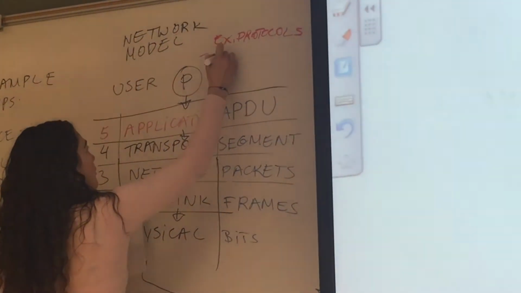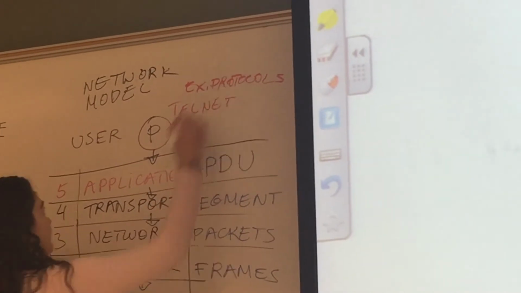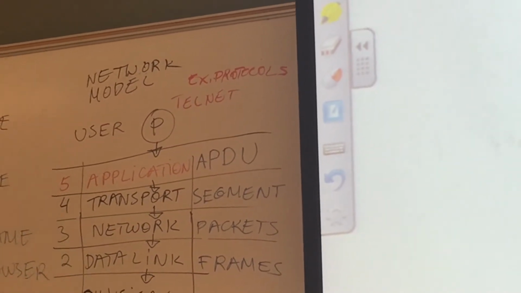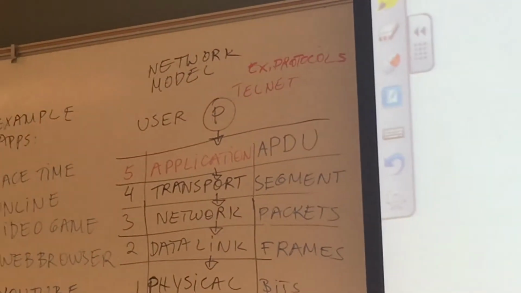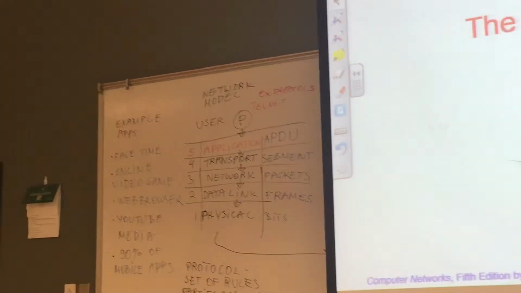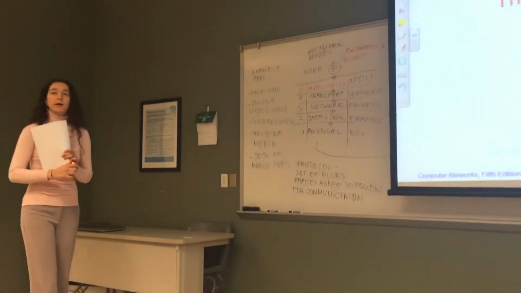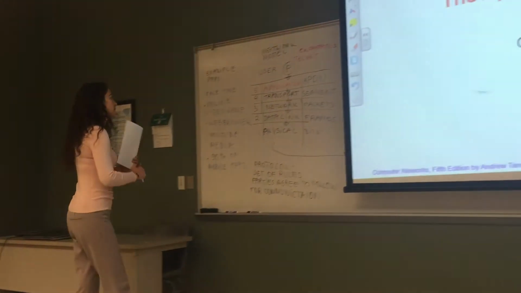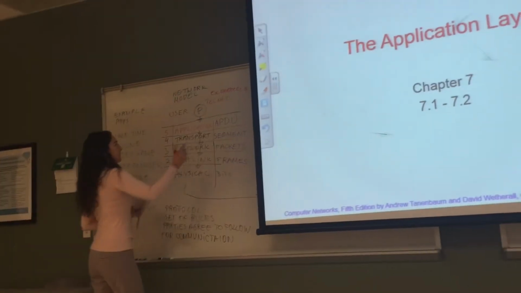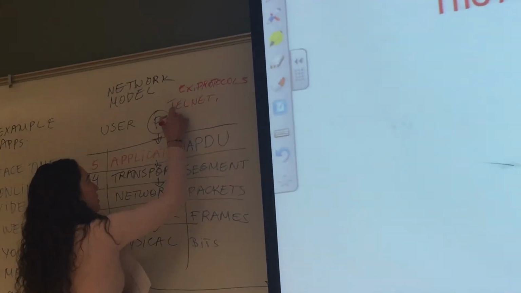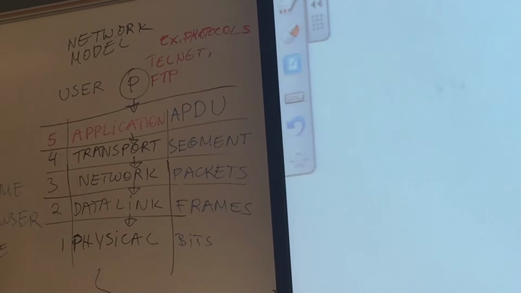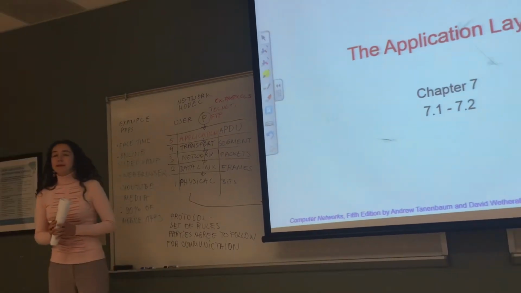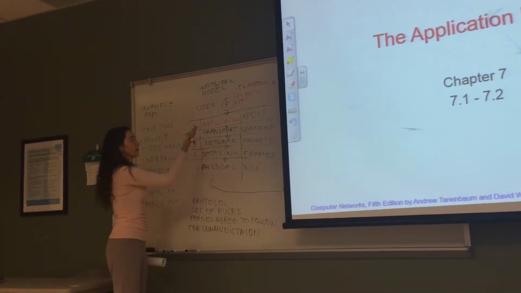One example protocol is Telnet. Telnet allows us to remotely connect to another machine and run commands on that machine through the command line. Another example is the file transfer protocol, FTP, which is an application layer protocol.